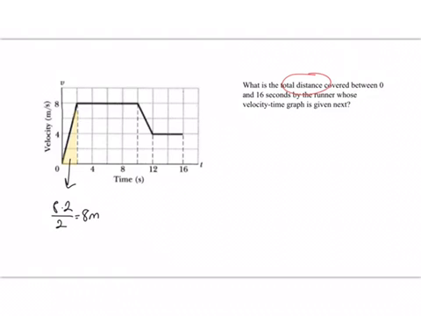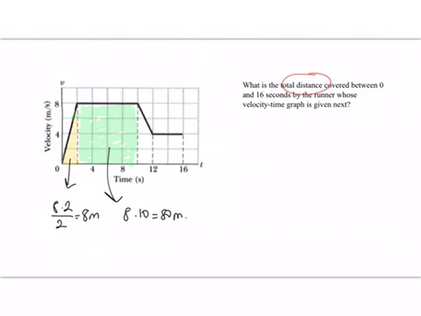Between 2 to 10 seconds, this shaded area is the displacement, which is equal to 8 times 10, 80 meters.